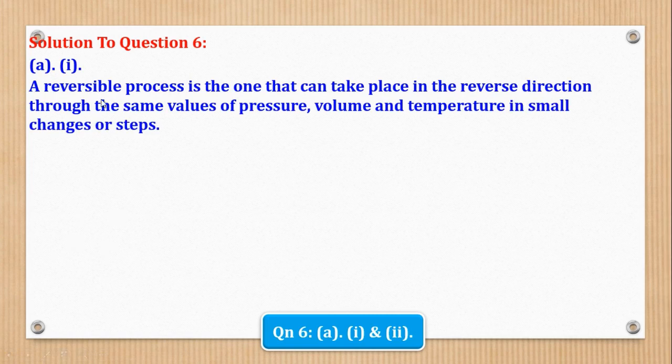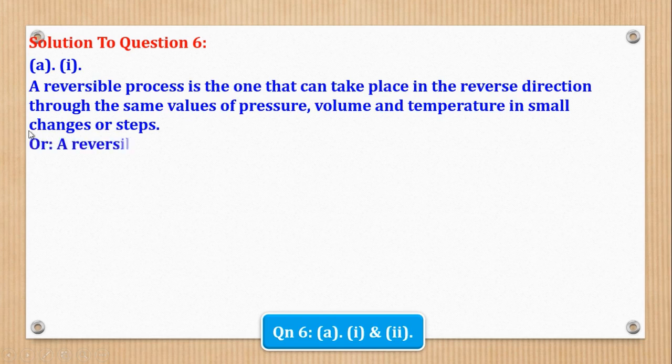So Roman 1, we can say that a reversible process is one that takes place in the reversible direction. Note that word, reversible direction, through the same values of pressure, volume, and temperature, in small changes or in small steps.